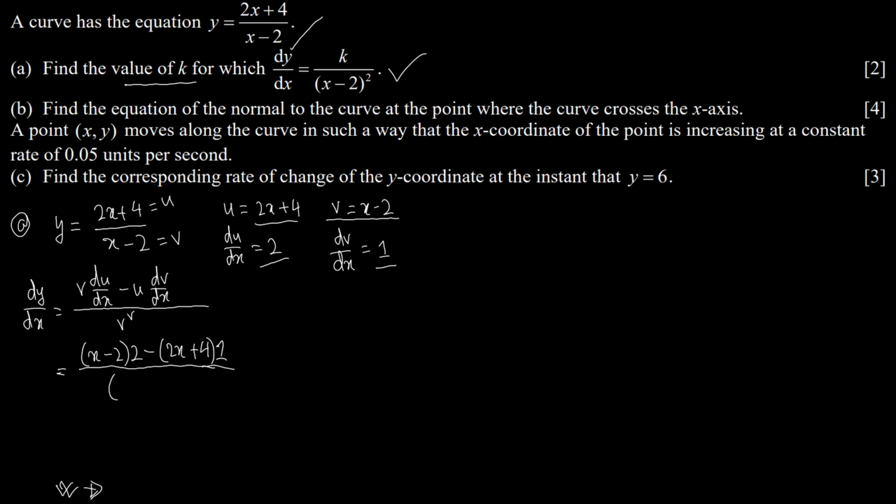The denominator is x minus 2 whole squared, because v squared is written here.